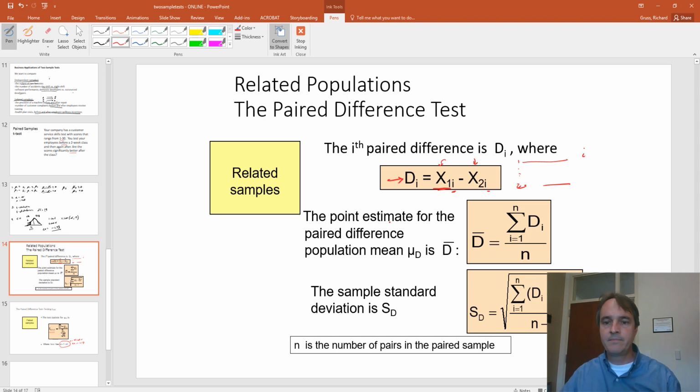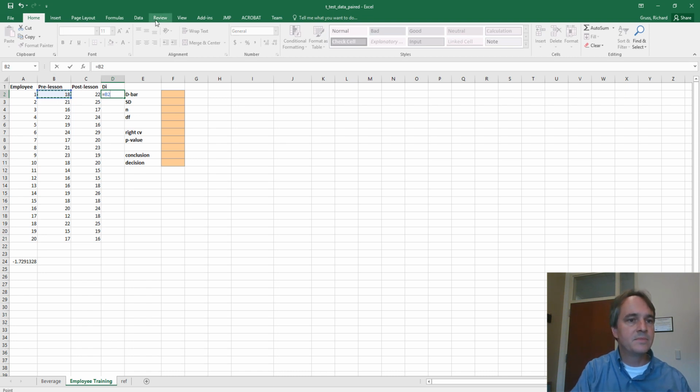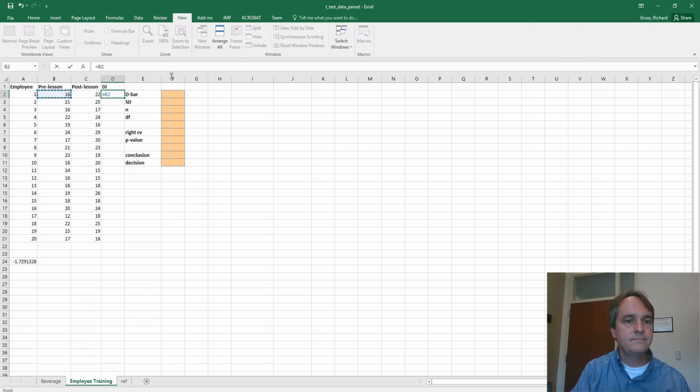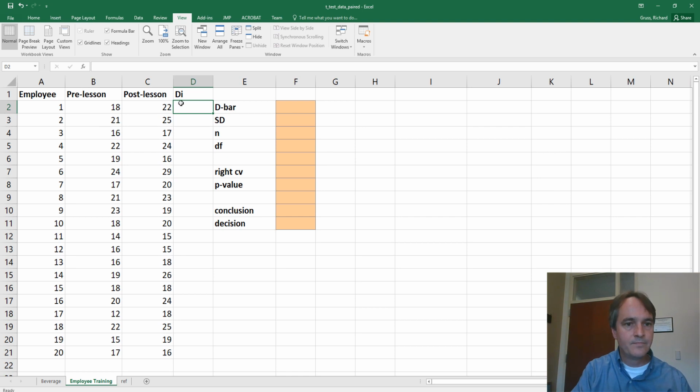So let's go piece by piece. All we have to do is go row by row and subtract the first minus the second. We'll put d sub i up here. That's just going to be the pre-lesson test. Actually, let me zoom in a little bit here. It's just going to be equal to this one minus this one.